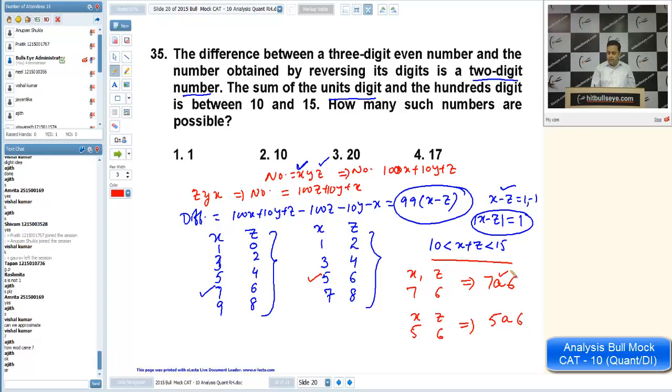Now this a, which is the tens place, can take all the values from 0 to 9. That means there are 10 numbers possible here as well as 10 numbers possible here. So in total there will be 20 numbers. Is it clear?